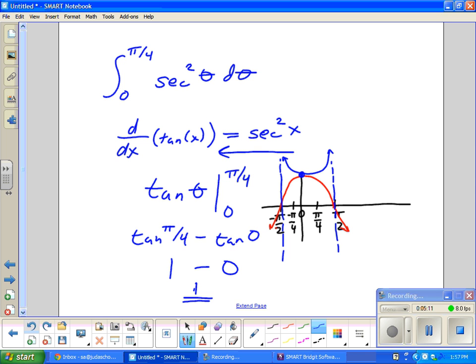And if I square that, it's still positive. It just gets bigger faster. So this is the curve, and I'm going from 0 to pi over 4. So I know this is the green area under the secant squared curve. Again, the answer is 1. It's fairly straightforward, but we want to picture not only the answer, but what the graph looks like also.